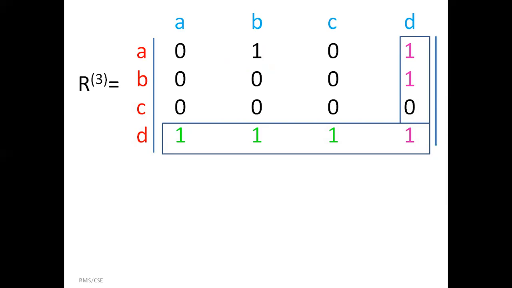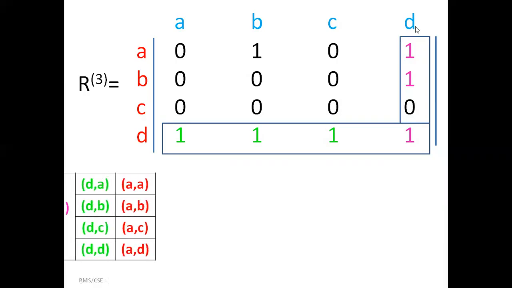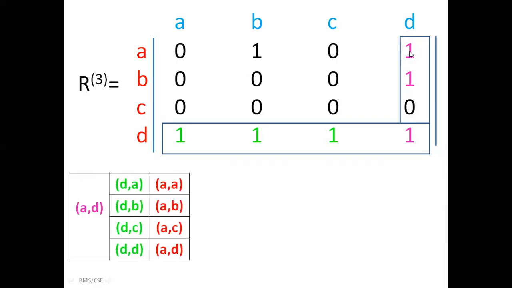To find the transitive edge, I should start with the column. So in the 4th column, go to the first one. What is the position of this one? The position of 1 is A comma D. Now for this A comma D, I have to merge A comma D with the ones present in the 4th row. What are the positions of ones available in the 4th row?